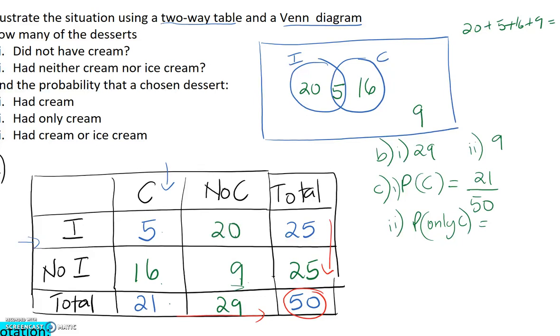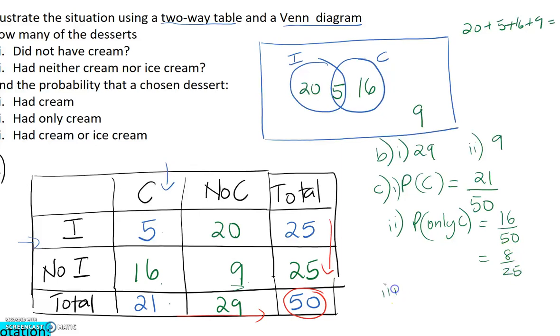The other way to look at it is you can either look at it from the table or from your Venn diagram. So only cream is only 16 of them with a total of 50, and you can simplify that to 8/25.